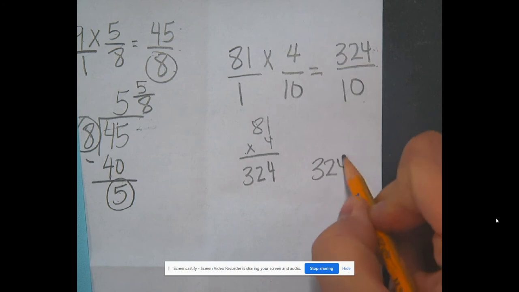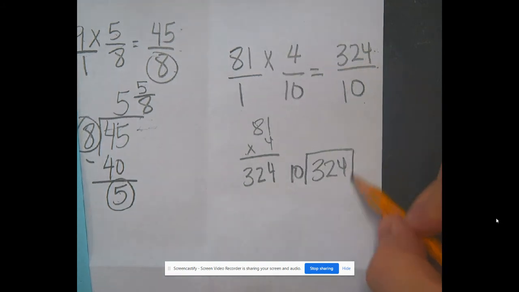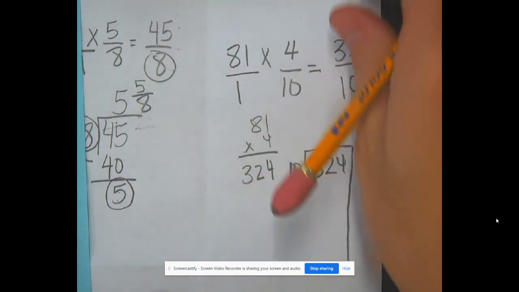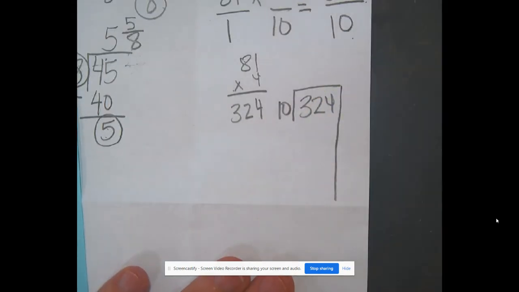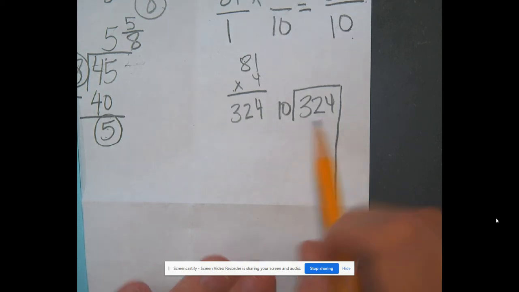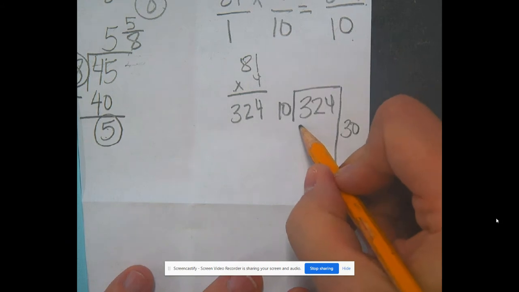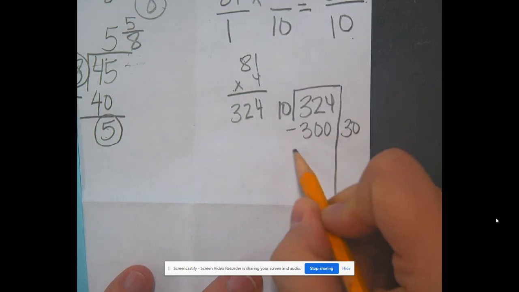Now, because this is being divided by 10, I could do this, because that's super easy, right? How many groups of 10 can I take out of 324? 3 would give me 30. 30 times 10 is what? 300. So we subtract.